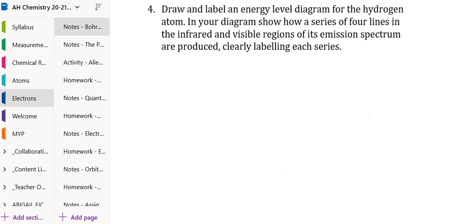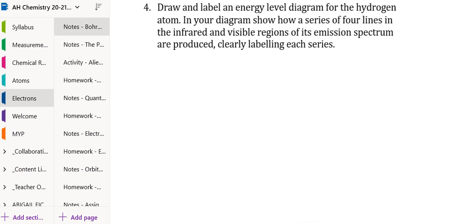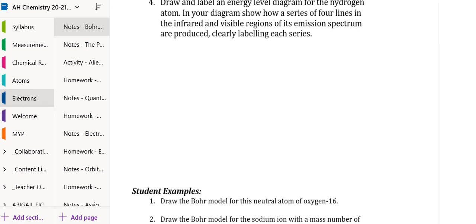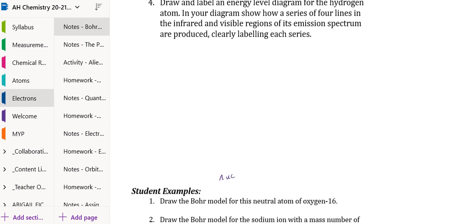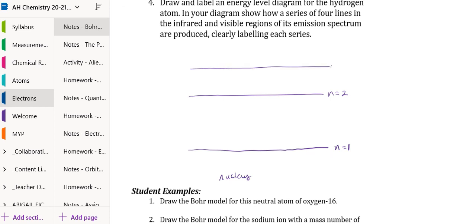I'm going to draw the first energy level. And what is that closest to? Nucleus. The first energy level is equal to 1. And the second energy level, then what? Third.